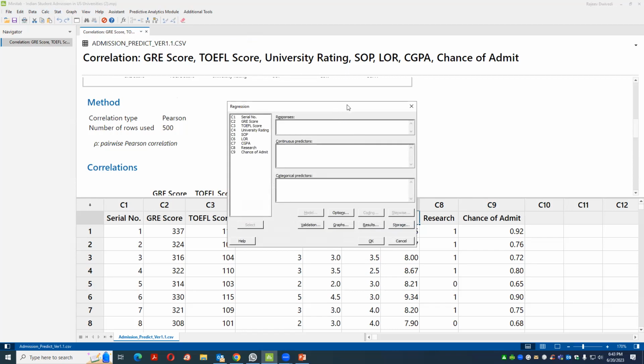The response variable is chance of admission, and the predictor is GPA. There are many options, but without changing anything, I do this.